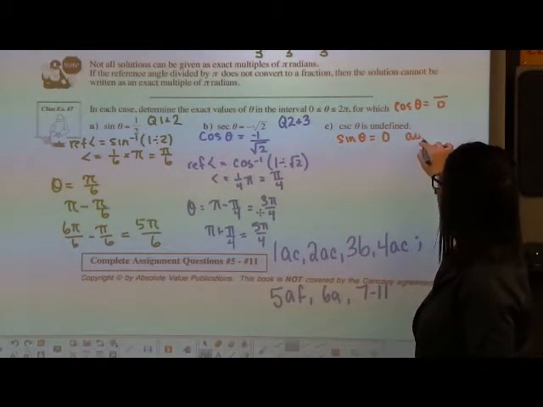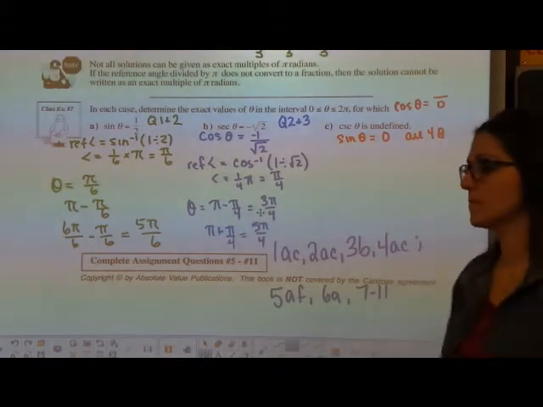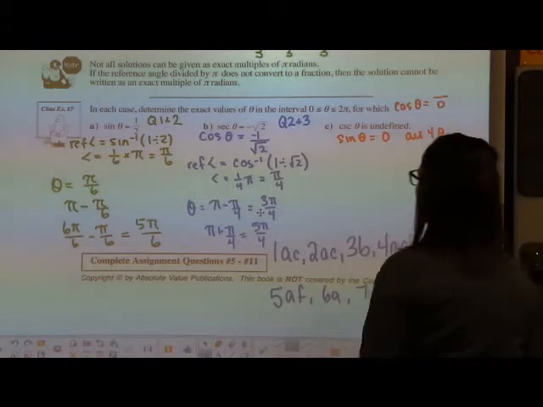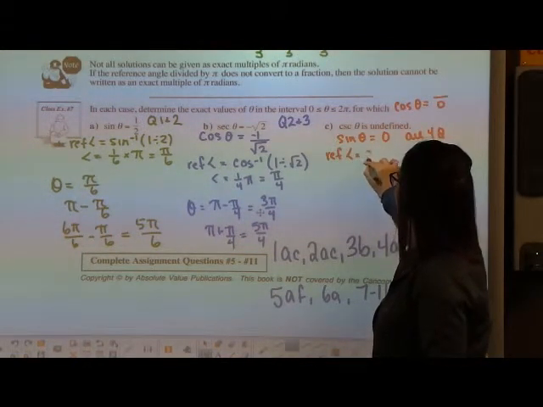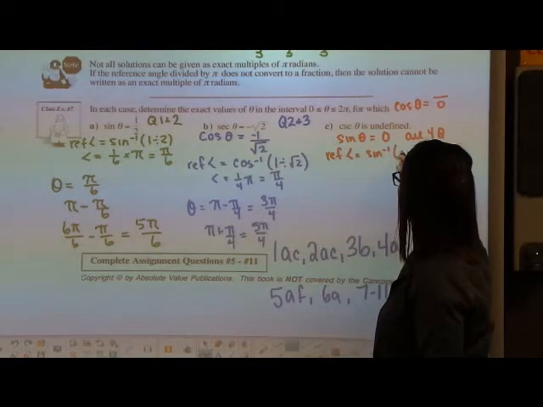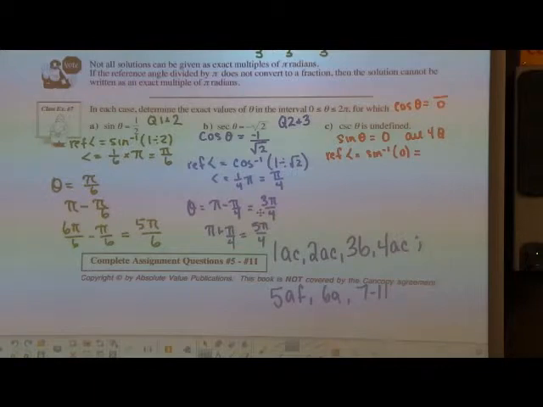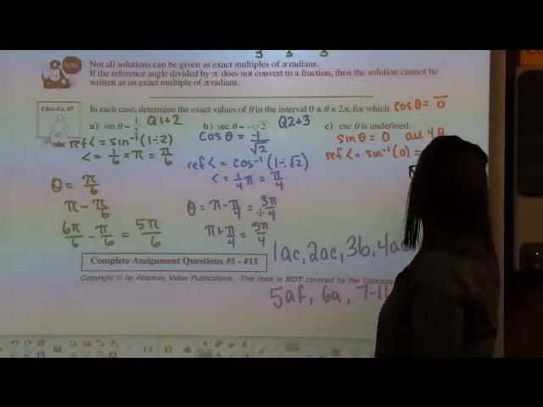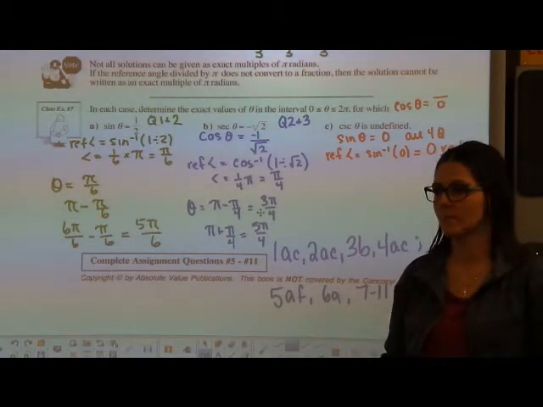And so I have to consider all 4 quadrants. So I find my reference angle. Sine inverse 0. And what do I get? 0. And this time it's 0 radians. Last time it was 0 degrees.